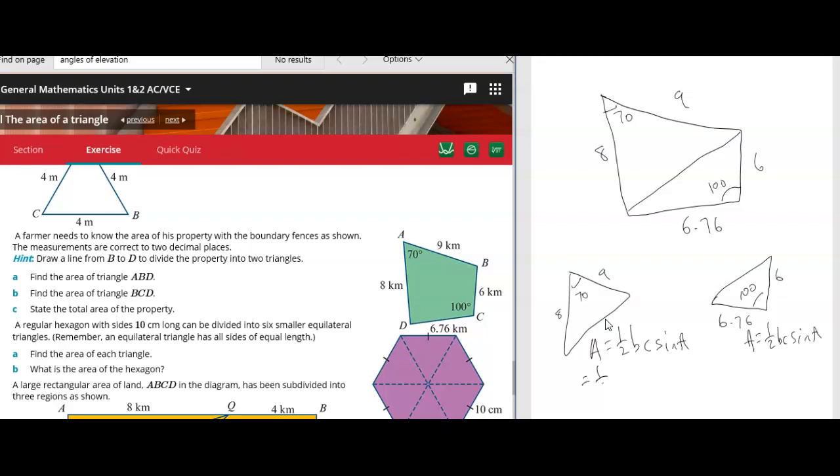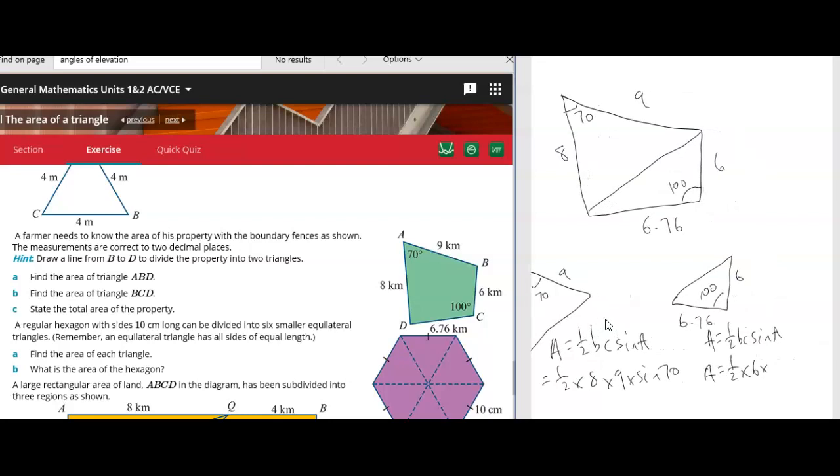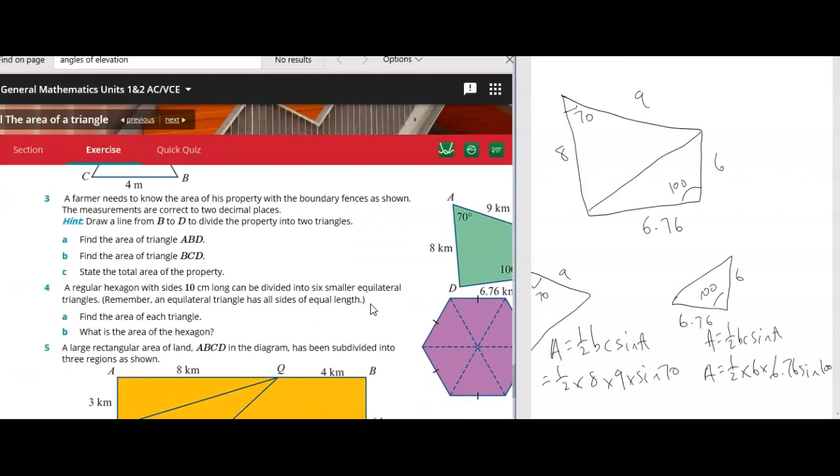So half times 8 times 9 times sine 70, and this one here, half times 6 times 6.76 sine 100. And because you're doing the total area, when you get those answers, you add them together.